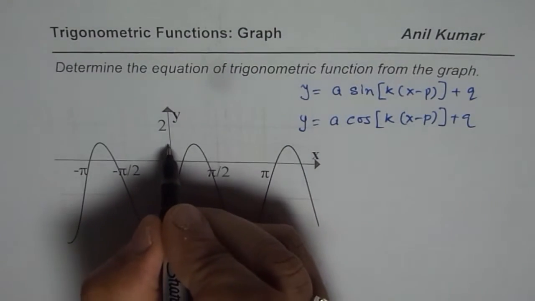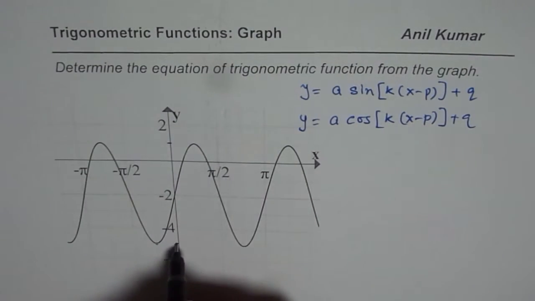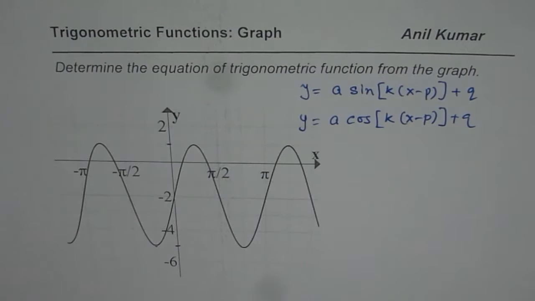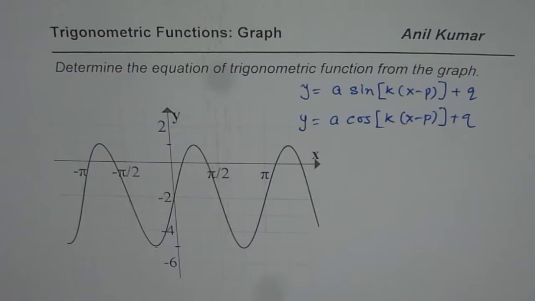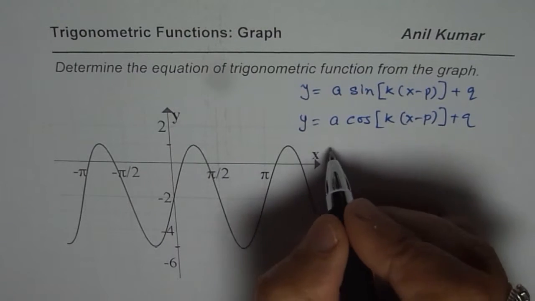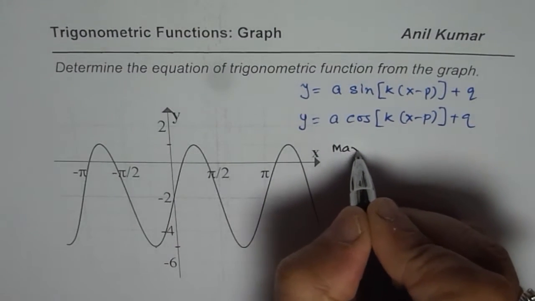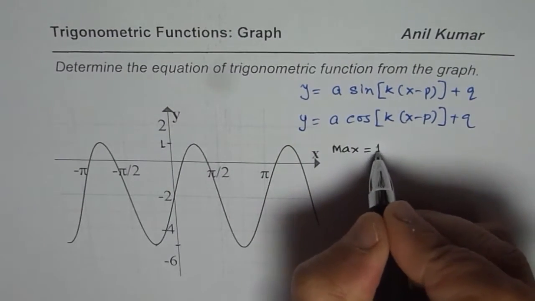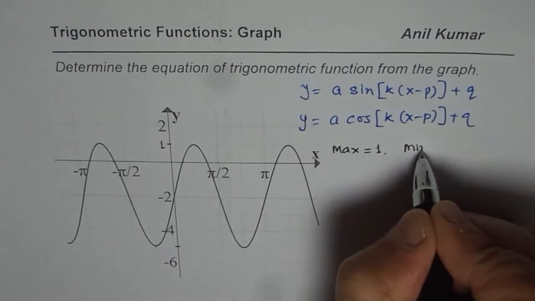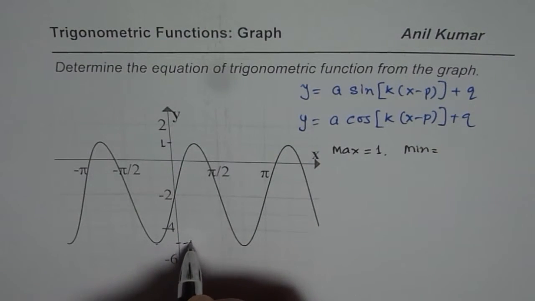Let's look at the maximum and minimum first. From the graph, we get that the maximum is 1, and the minimum is minus 5, right?